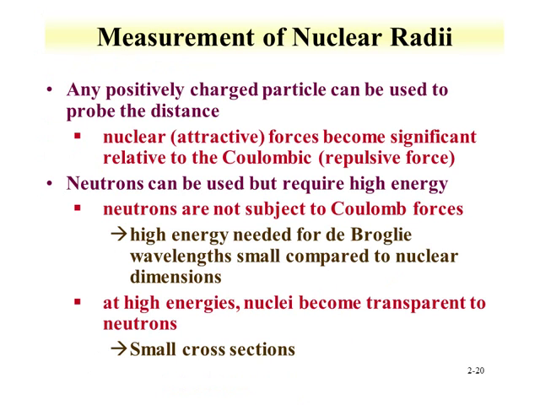So fundamentally, any positively charged particle can be used to probe the distance. The nuclear attractive forces become important relative to the repulsive forces as a particle gets closer to the nucleus. Neutrons can also be used, but they require high energy. Neutrons, as they're neutral, will not vary based upon the nuclear charge, so they will ignore the Coulombic forces.